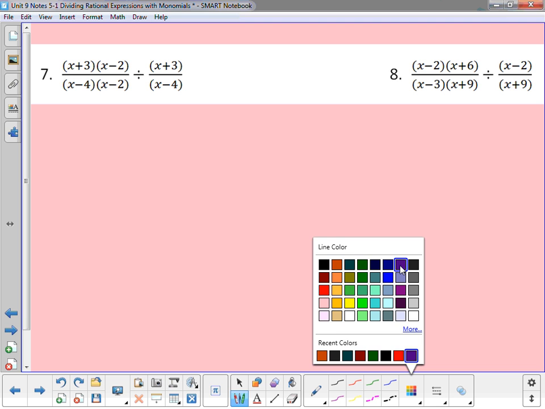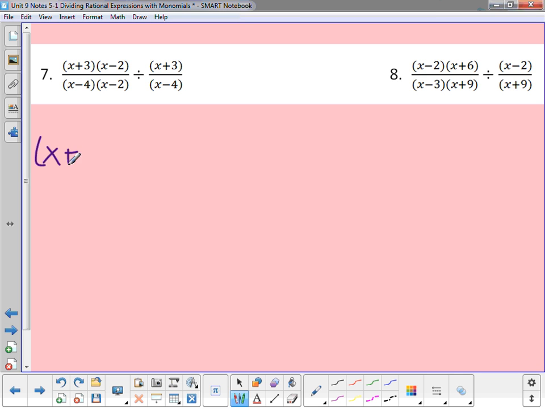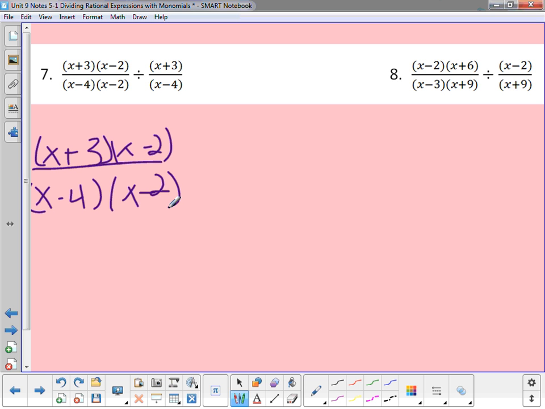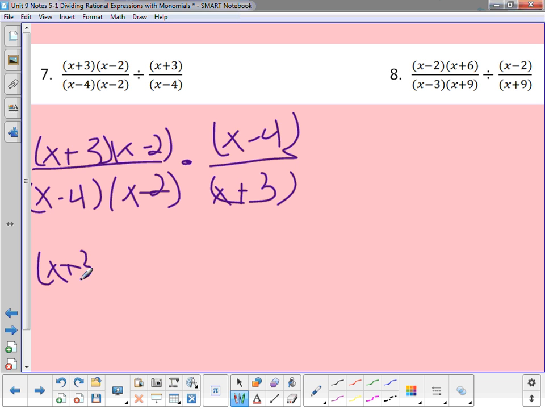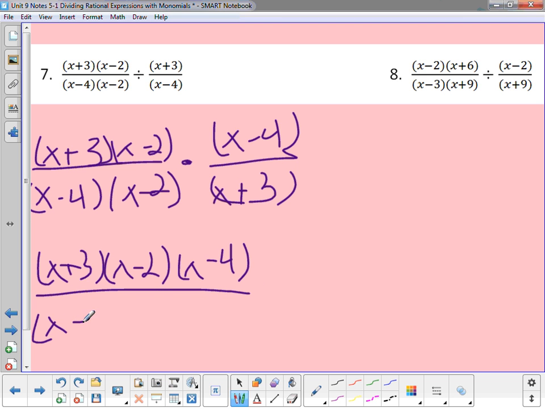For this one, it's going to be really similar to what we have been doing. The first fraction you're going to keep the same, and then we want to flip that second fraction. So what I'm going to do is multiply all across the top and multiply all across the bottom.